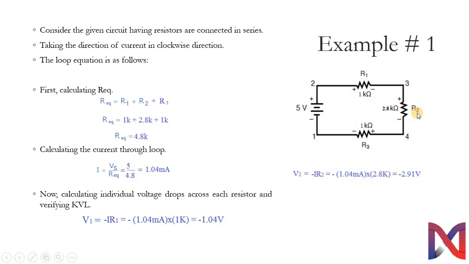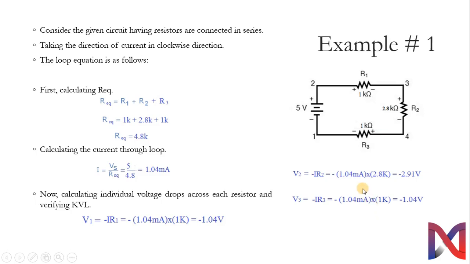So we have voltage drop at R2 as minus 2.91 volts. So we have V3 or voltage drop across R3 as minus 1.04 milliampere multiplied by 1 kilo ohm. It's exactly the same as what we got for R1 because the values of R1 and R3 are equal.